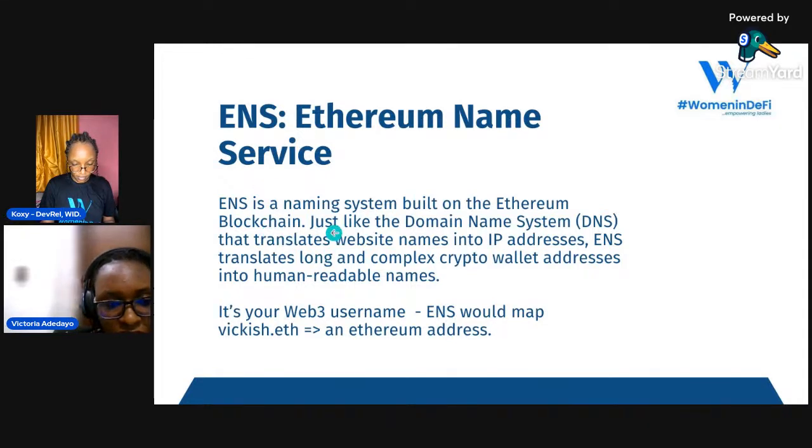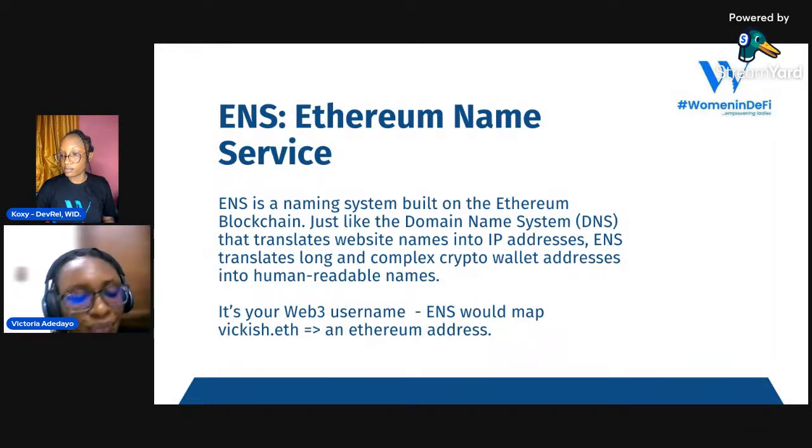So that's me explaining DNS. ENS is a naming system built on the Ethereum blockchain, just like the DNS I just explained that translates website names into IP addresses. So ENS translates long and complex crypto wallet addresses into human readable names, right?